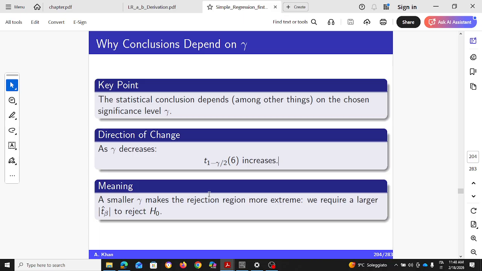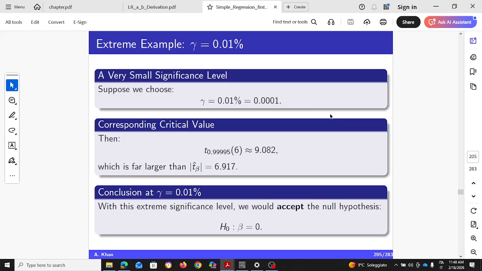It's like you're looking for 100% precision. For example, if before we had gamma 5%, let's take a much smaller value, gamma equal to 0.01%.